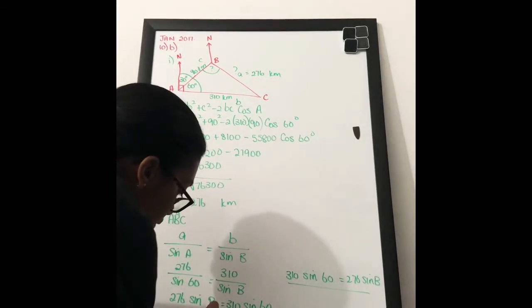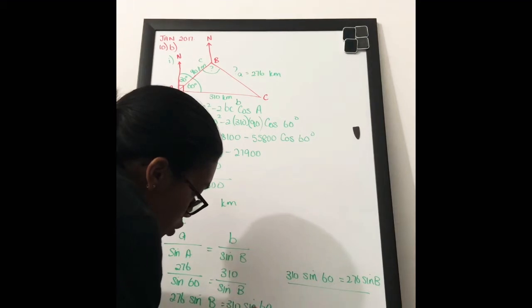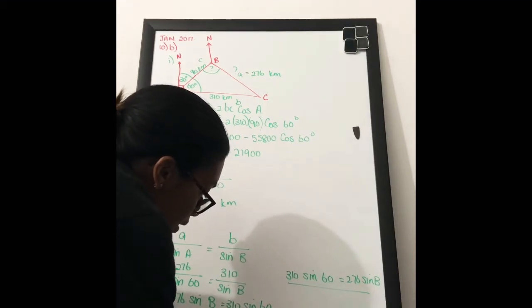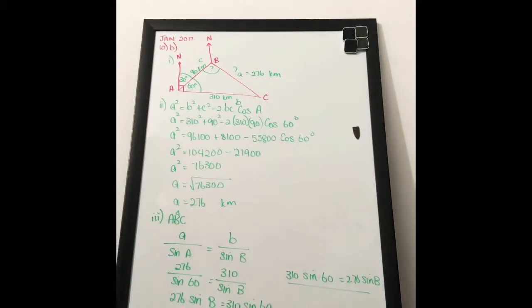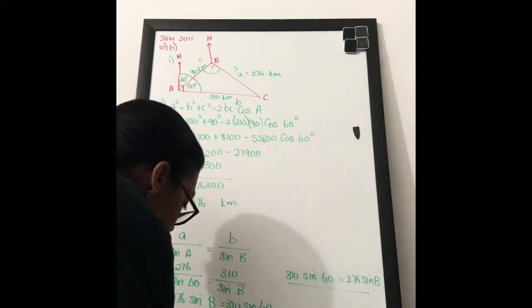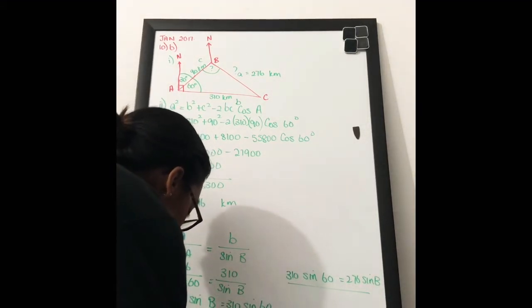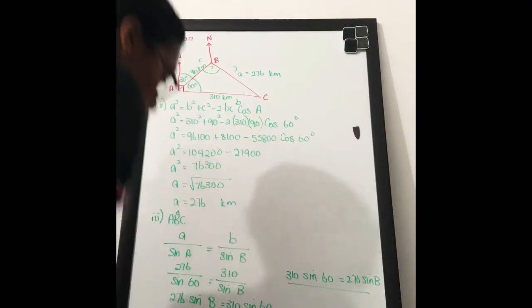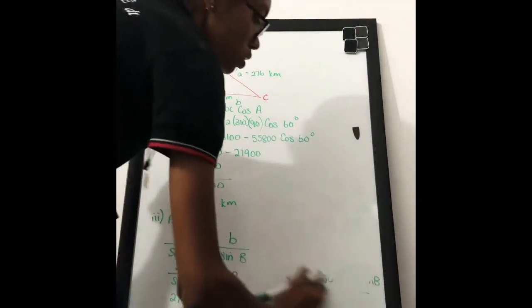Our next step, sine B would be equal to 310 sine 60 all over 276. So 310 sine 60 is equal to 268.46. Then we divide that by 276. So sine B is equal to 0.973, right?